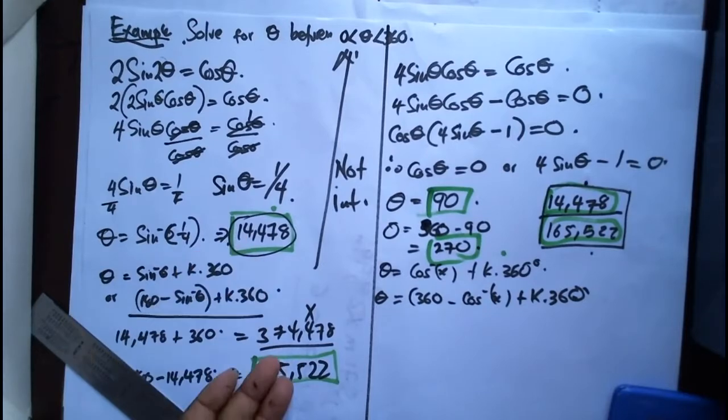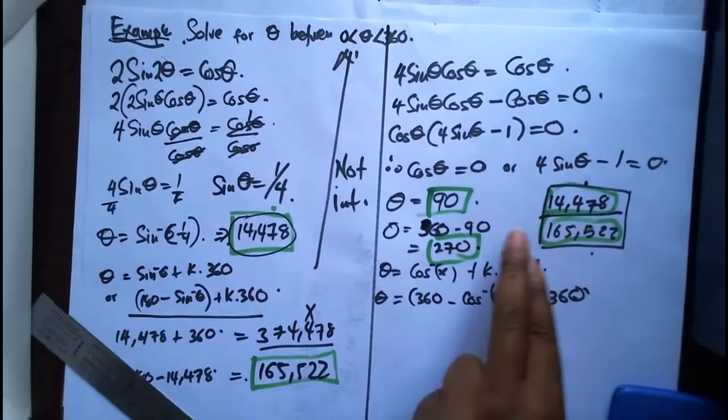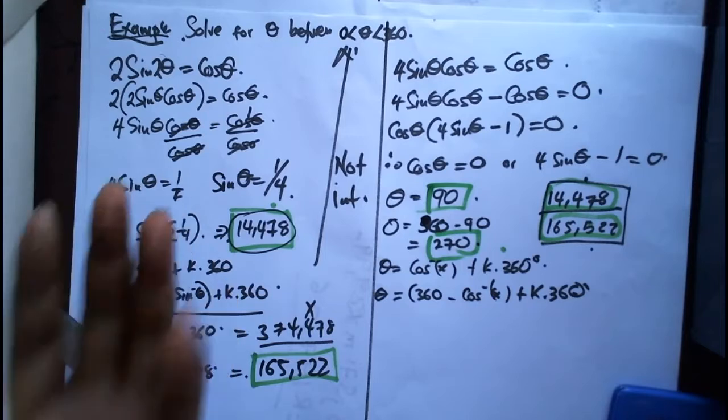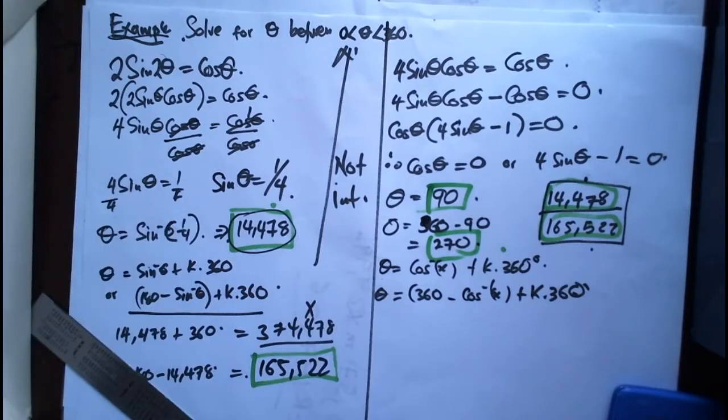If you use the method where you divide, you lose. You won't be able to find these 2 solutions. Where you're supposed to get, let's say, 5 marks, you only get 3 marks because you did not utilize the other factor to get the other 2 answers.